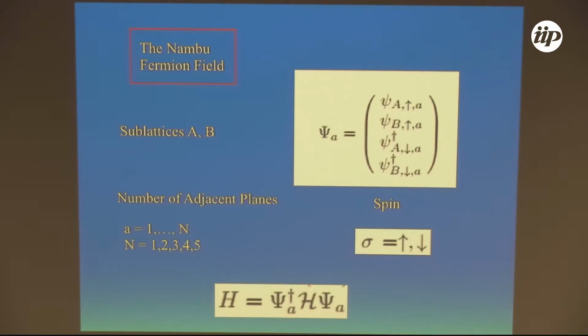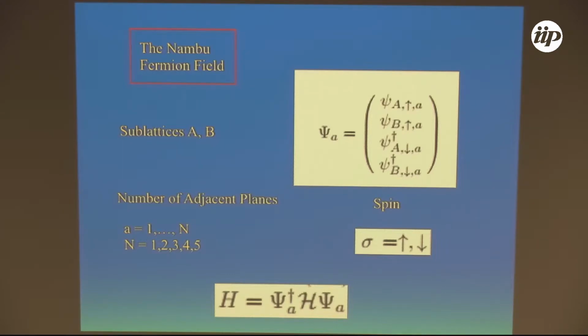So now we assemble the whole creation operators in this Nambu fermion field. The sublattices A and B, spin up, spin down. And A, we represent here, A is a number.